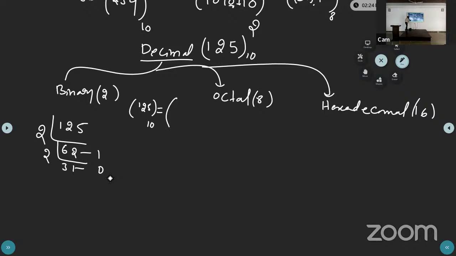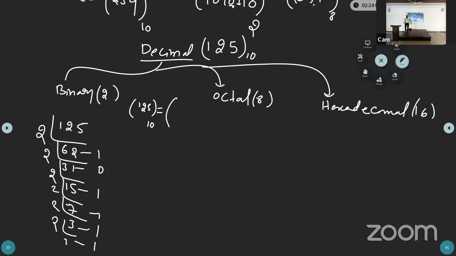Remainder is 0. 2 15s are 30, remainder is 1. 2 7s are 14, remainder 1. 2 3s are 6, remainder is 1. 2 1s are 2, remainder is 1. Now, if the quotient value is less than the base value, you can stop the division process. Whenever the quotient is less than our base value, you can stop the division process.